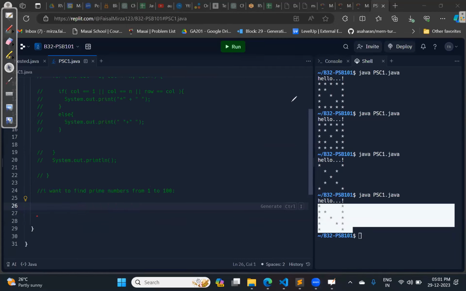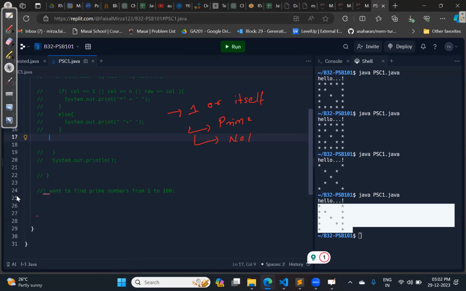In short, when a given number is completely divisible by only 1 or itself, then you can say that it is prime, otherwise not prime. So let us try to write the logic to find all the prime numbers from 1 to 100.